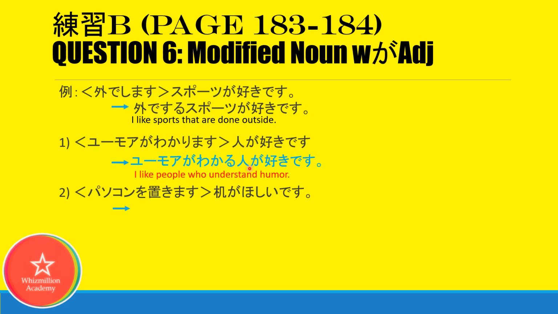This is the noun, and the noun that I'm talking about here is the person that I like. So in this second sentence, we already modified the noun once. This is not just any person, but a person that I like. And then when we combine it to the first sentence, it becomes the person that I like is someone that understands humor. So there's two attributes to the noun.